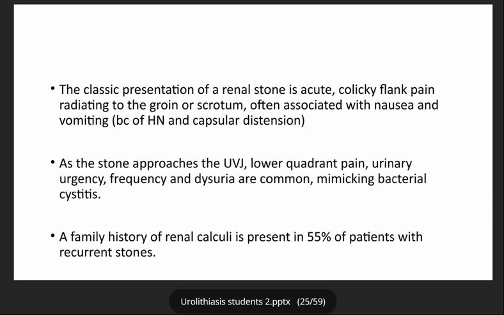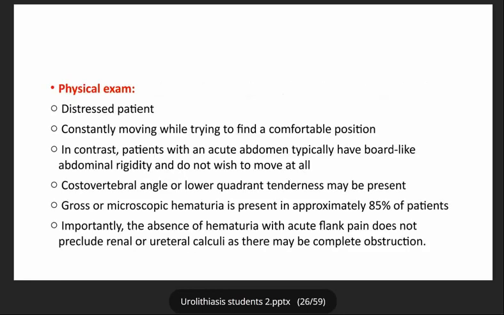55% of the patients have a family history of stones. So it's important to ask in the history if anyone in the family has had a stone in the past. On physical examination, the patient will, of course, be distressed, not lying comfortably in the bed. The patient will be constantly moving around to find a comfortable position.